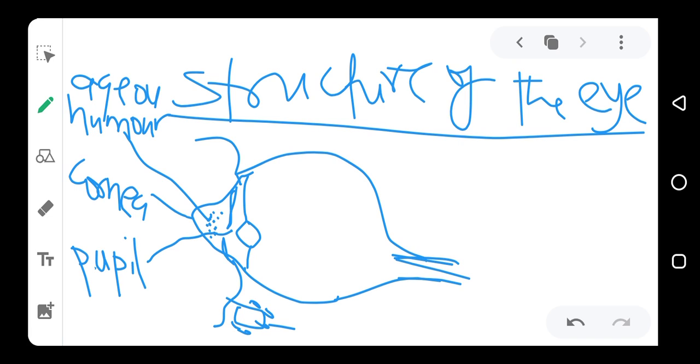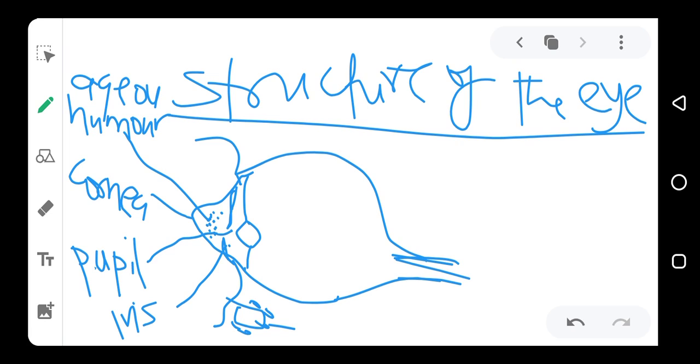The function of the iris is that it helps to regulate the amount of light that is entering the eye. If the amount of light in the environment is too much, the iris will come together, and when the iris comes together, it means that the opening between it, which we call the pupil, will become very small, so that a small amount of light will be entering the eye.